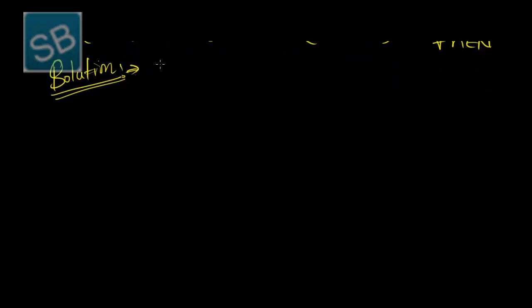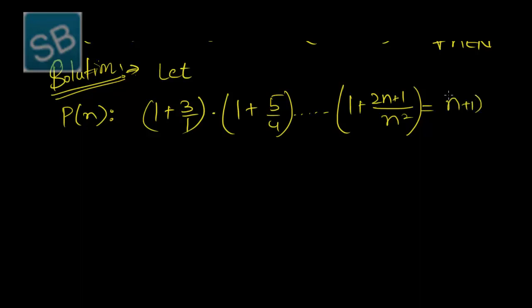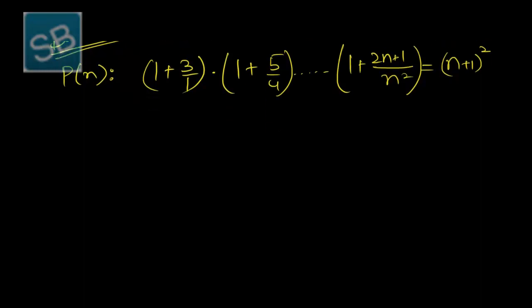So let P(n) be (1 + 3/1)(1 + 5/4) up to (1 + (2n+1)/n²) is equal to (n+1)². That is our statement, that is called P(n).